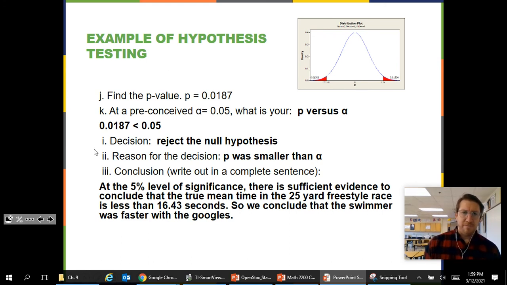At the 5% significance level, which just depends on what your alpha level is, there is sufficient evidence to conclude that the true mean time in the 25-yard freestyle race is less than 16.43 seconds. So we conclude there's statistical data to support that the swimmer was faster with the goggles.